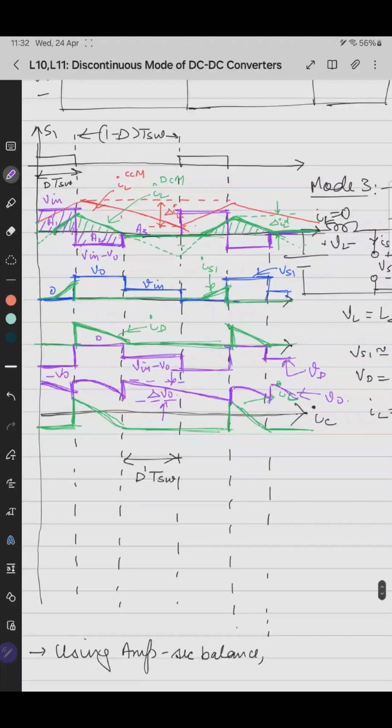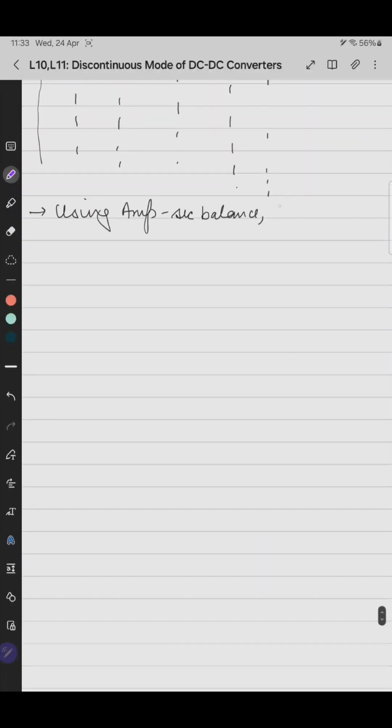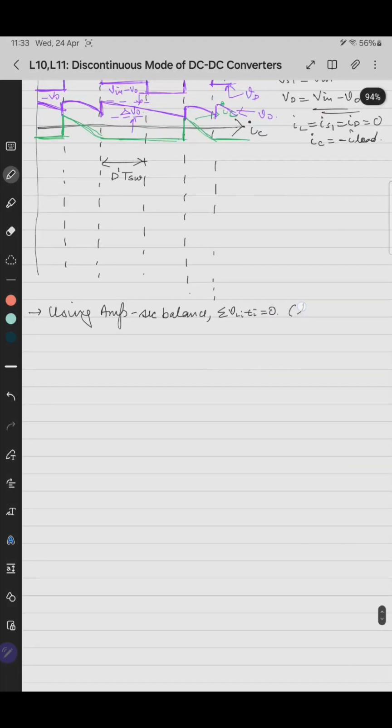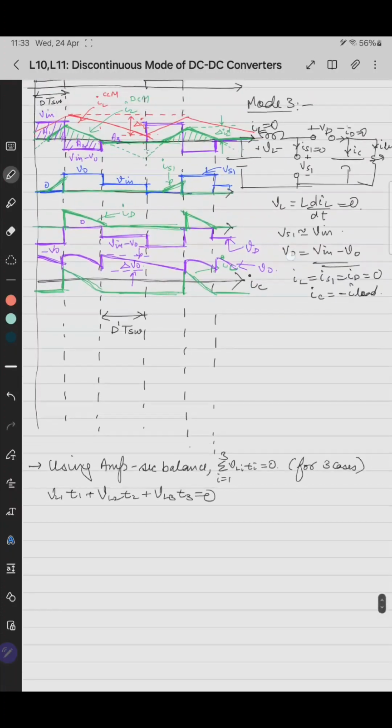So what we'll do, volt into second: sigma VLi into Ti equals 0 for 3 cases. So for i equals 1 to 3, that is VL1 T1 plus VL2 T2 plus VL3 T3 equals 0. Now what is T1, T2, T3?